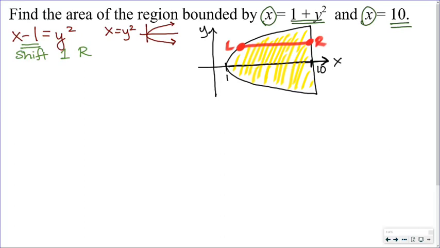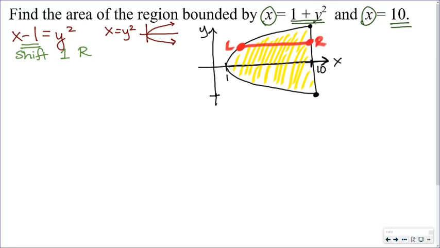So I need to know what are the y values important to this problem. I need to know this y value and this y value. Because there is symmetry, I know that they are the positive and negative of each other. But to figure that out, I'm going to find the intersection points of the two curves.